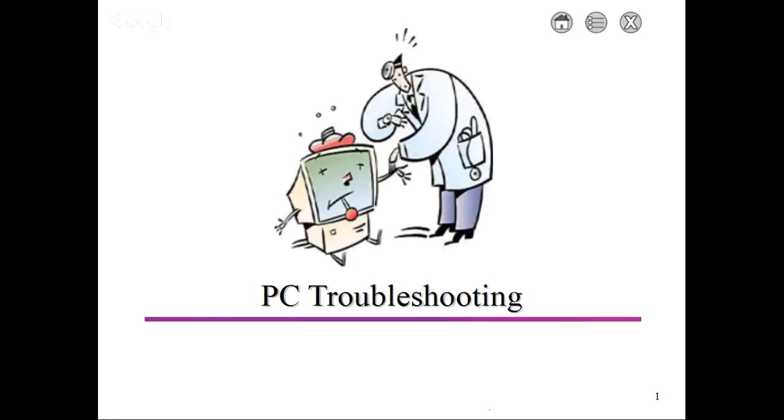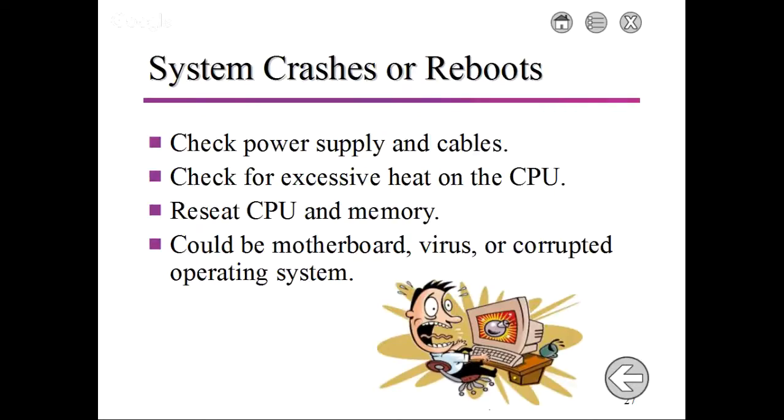All right, what else? So that would be a BIOS problem that causes that kind of error, and that's a fairly common thing. What if your computer simply crashes or reboots all of a sudden? These kinds of things are called intermittent problems. You turn on your computer and it runs for a while.